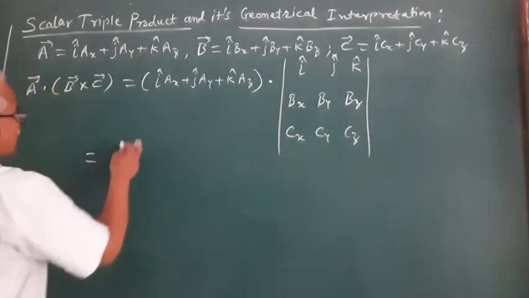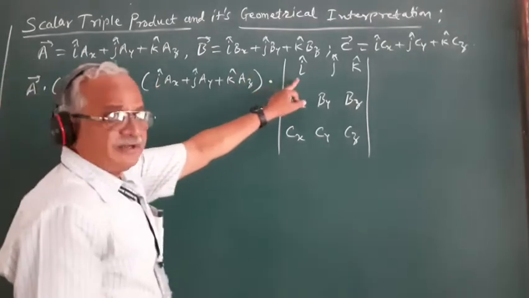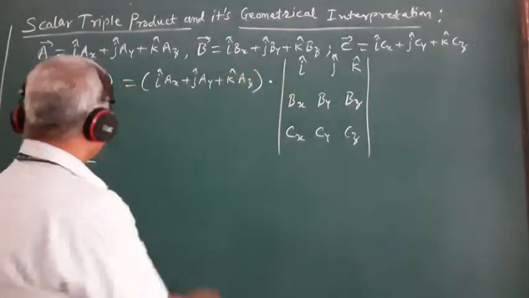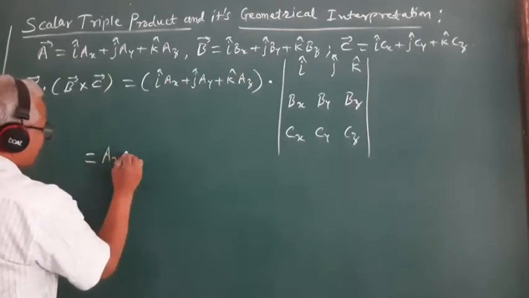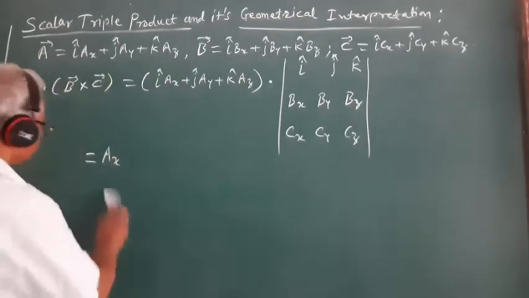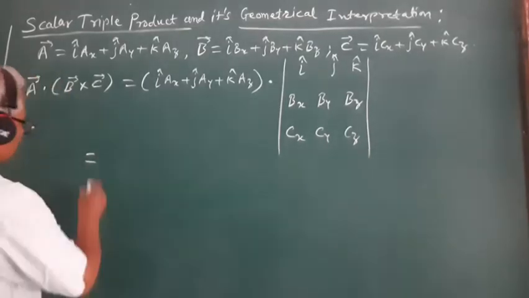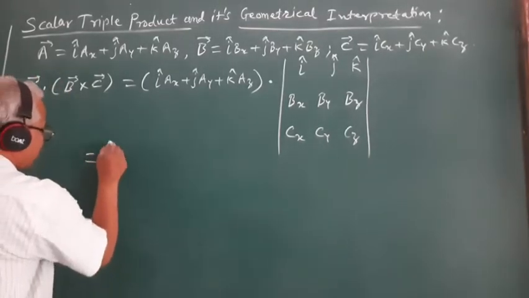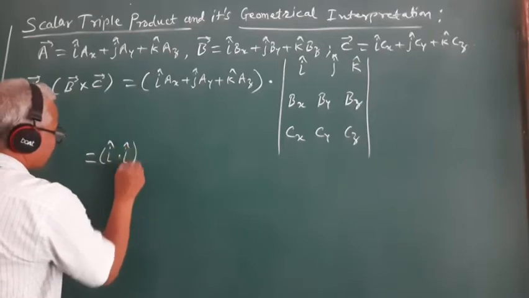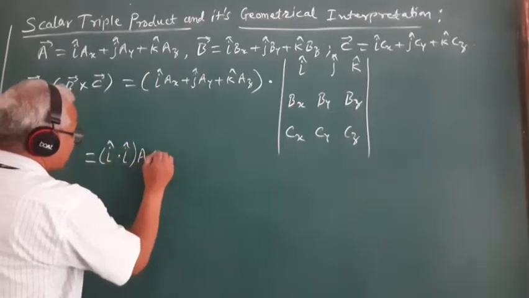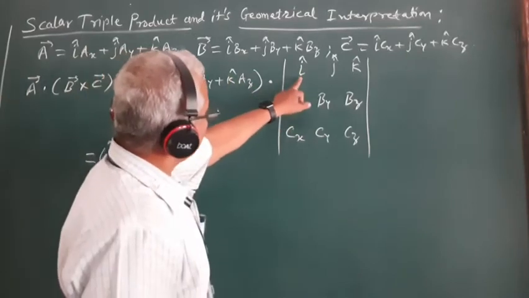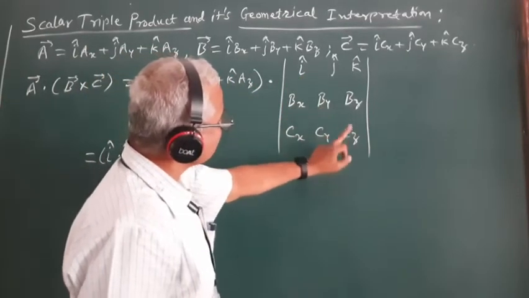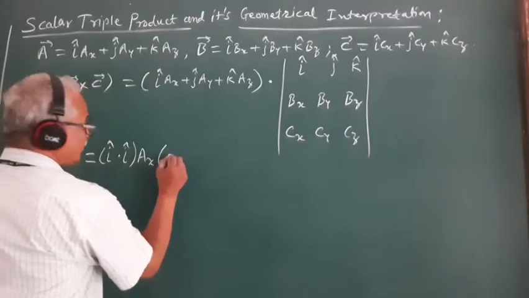So the first term will be i dot i. So i dot i is 1. So it is ax into bracket bycz minus bzcy.